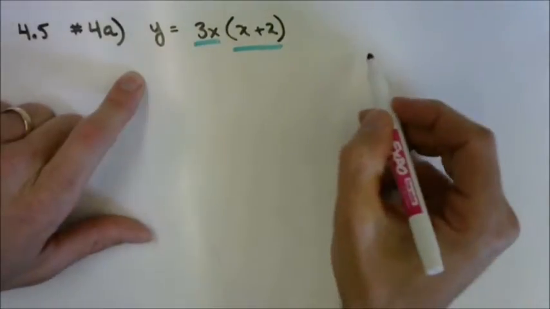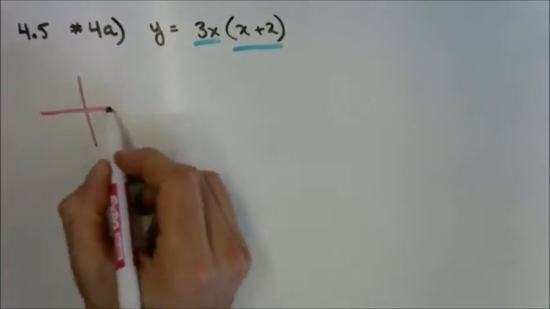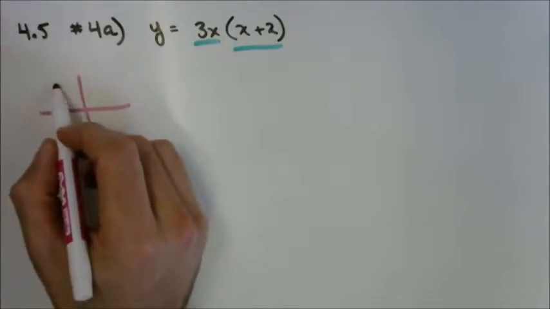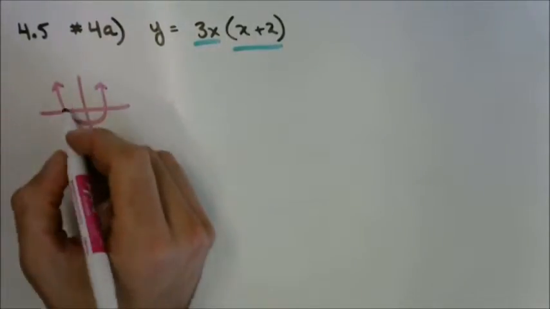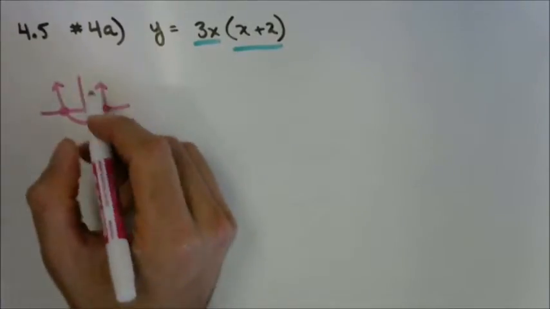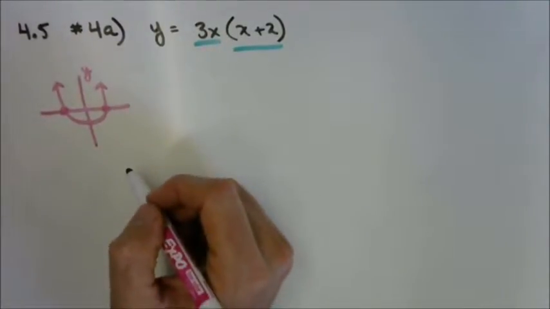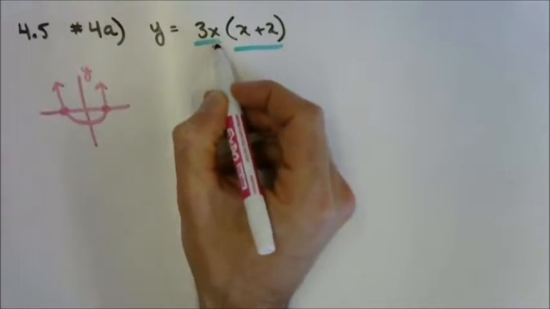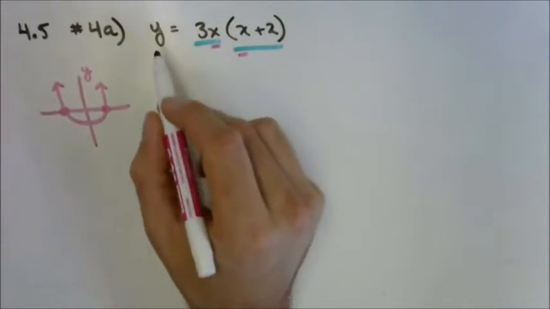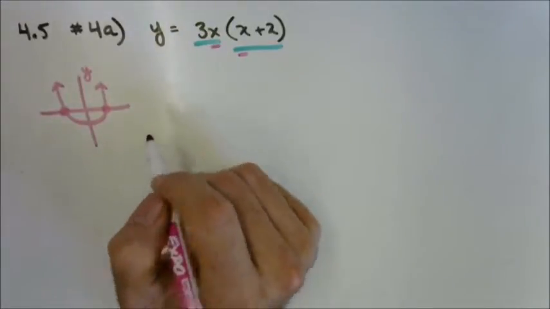Where this crosses the x-axis, I don't know what it looks like, I'm just going to go like that. I know that's actually not what it looks like, but we'll draw that for now. These x-intercepts are where y equals 0. So our goal is to find the values of x that make y 0.